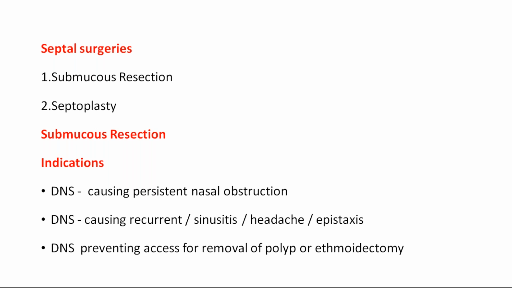Now, the incisions given are two different incisions. One is the Killian's incision for submucosal resection, and the other is the Freer's incision or the hemi-transfixation incision, given for septoplasty. The Killian incision is given 1 centimeter behind the caudal end of the septum.